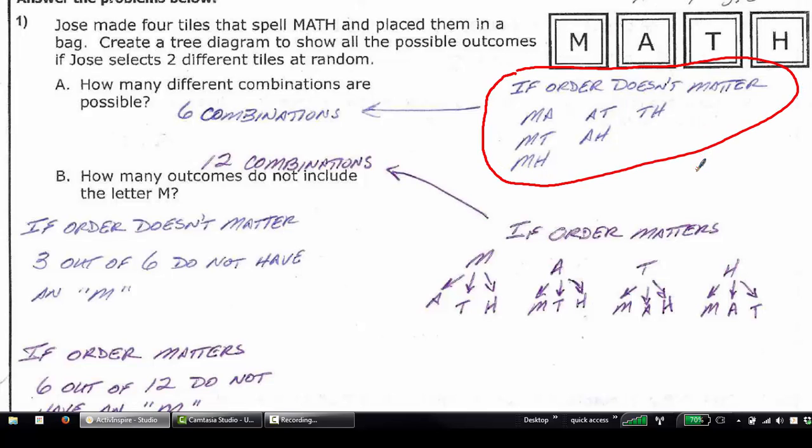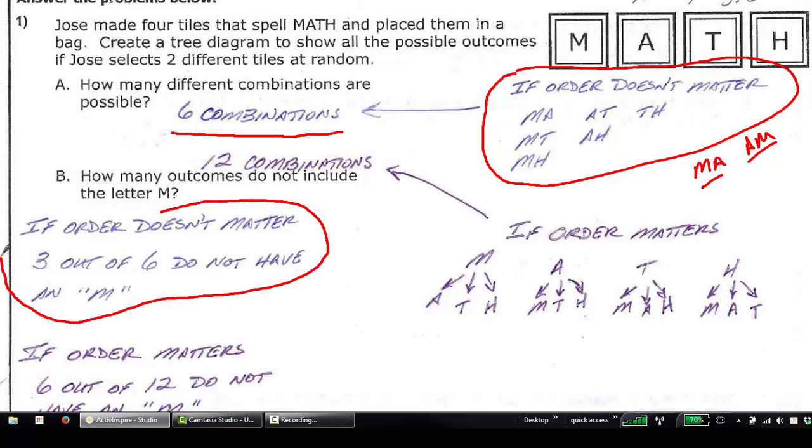If you pull the tiles M and A, whether they're in your hand as M and A or they're in your hand as A and M, they're the same thing. So if that's the case, there are 6 combinations of tiles, and 3 of those combinations have no M. That gets us down to part B.